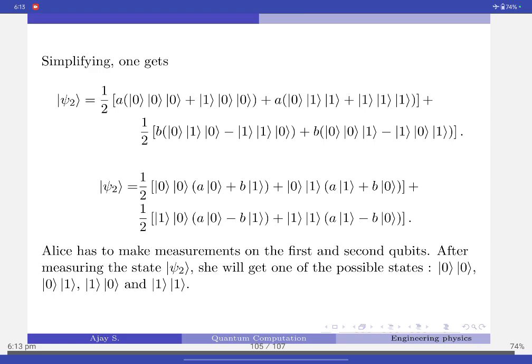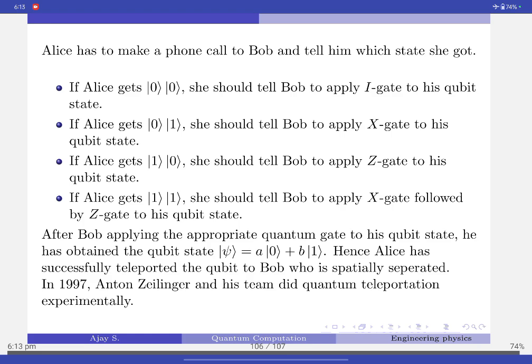First, when you apply the X gate, 1 becomes 0 and 0 becomes 1, and the minus sign has to go away, so apply the Z gate. So after Bob applies the appropriate quantum gate to his qubit, he has obtained the qubit psi, a 0 plus b 1, which was possessed by Alice. Hence, Alice has successfully teleported the qubit to Bob, who is spatially separated.